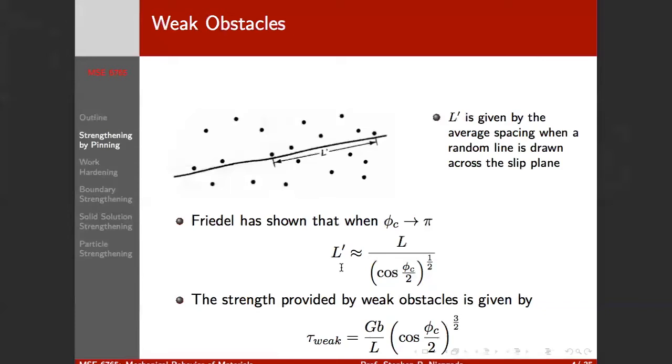And so that's greatly going to affect the balance between bowing and cutting, because we're going to be affecting our separation and our effective length and how easy the particles themselves are to cut. So the dislocation structures that result will be very different depending on the age state of your precipitation hardened material.